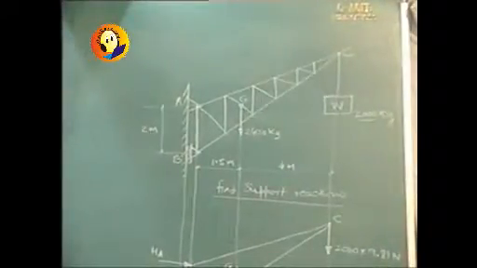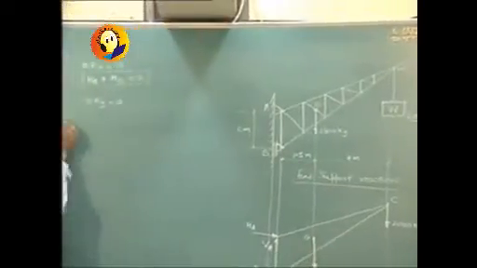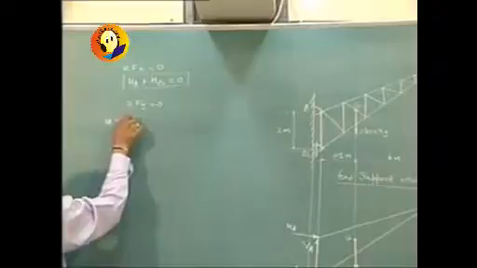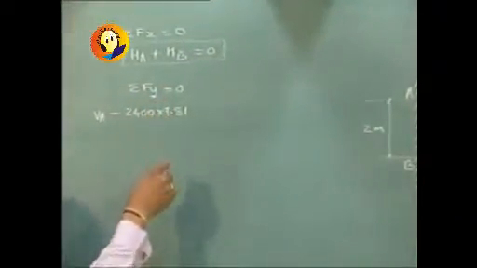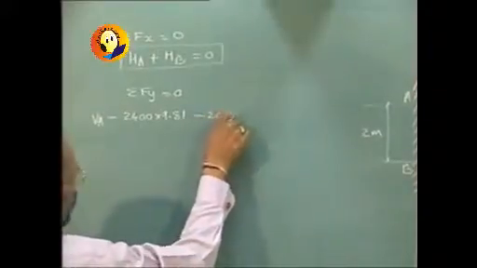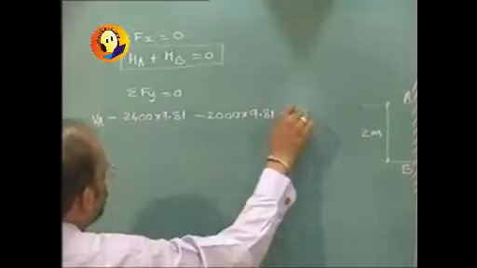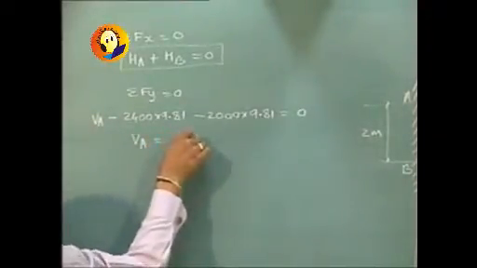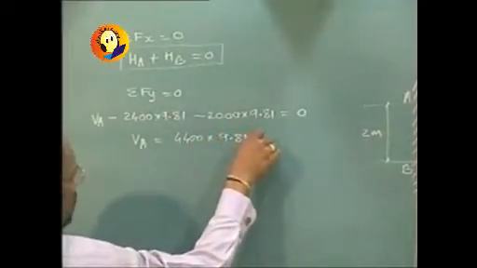When we consider sigma Fy equal to 0, then VA is acting upwards, positive, minus 2400 into 9.81 minus 2000 into 9.81 equal to 0, and so you will get VA to be equal to 4400 into 9.81 newtons.